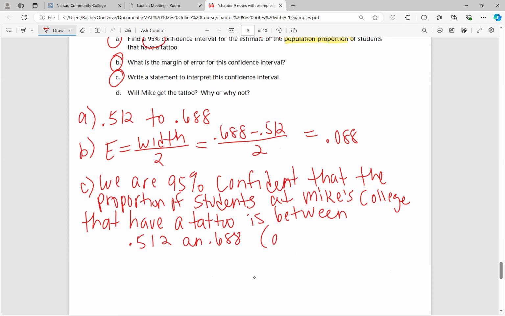Or another way to write that, it's between 51.2% and 68.8%. And we could write that decimal as a percentage. So we're 95% confident that the proportion of students at Mike's college that have a tattoo is between 51.2% and 68.8%.